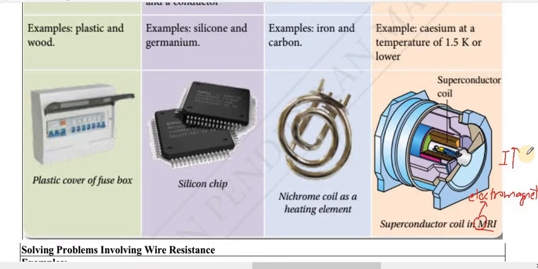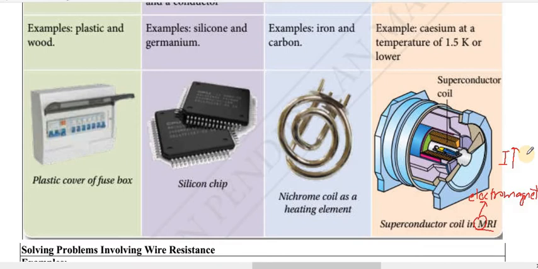So they cool down the superconductor until the critical temperature, then the resistivity of the superconductor becomes zero. So the resistance becomes zero. So not only can a superconductor produce very high current, it can also save electrical energy.